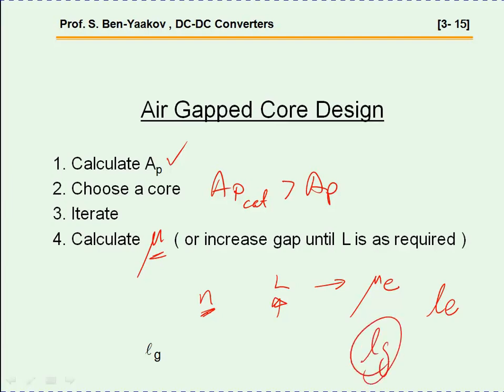Well, sometimes you can do it experimentally. You can file down the core until the inductance reaches L. So this is really a straightforward procedure once you are using this AP product equation.